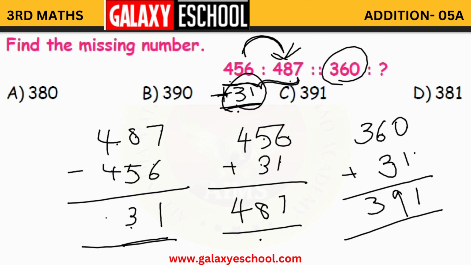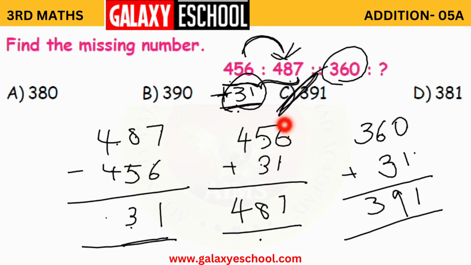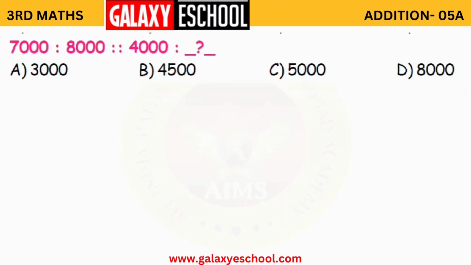Which is the correct answer children? We got 391. So option C is the correct answer. Understood? First we found out the relation between these two numbers and we applied the same to the other set of numbers.